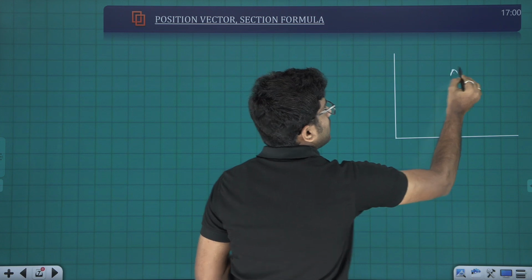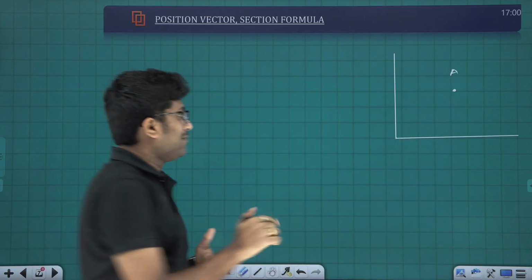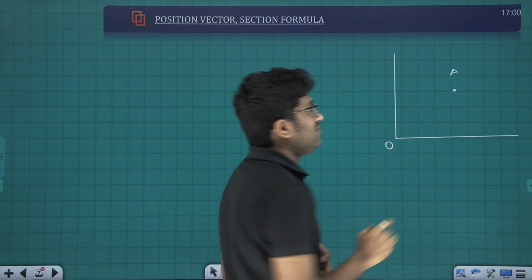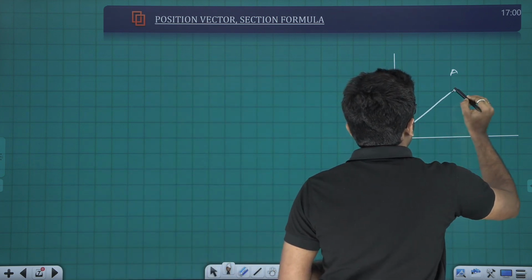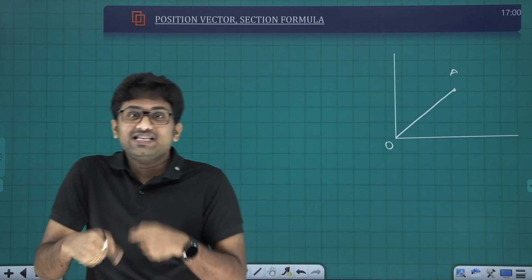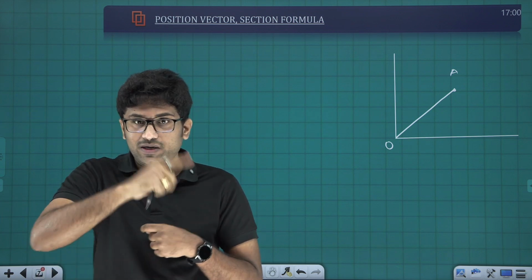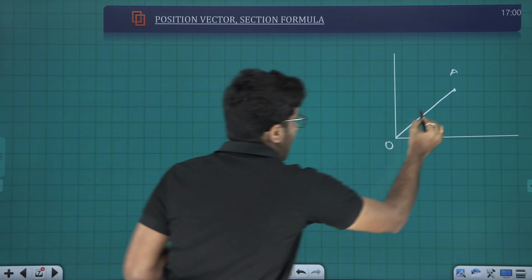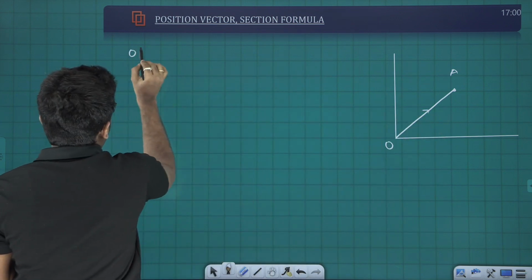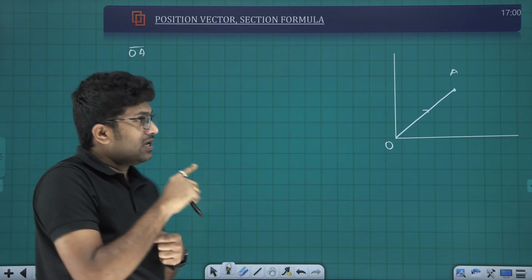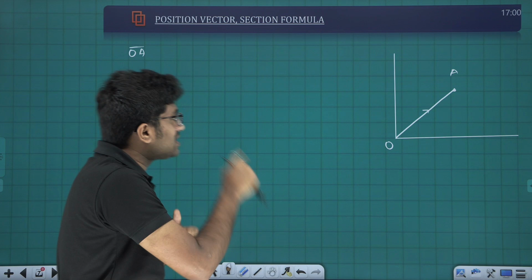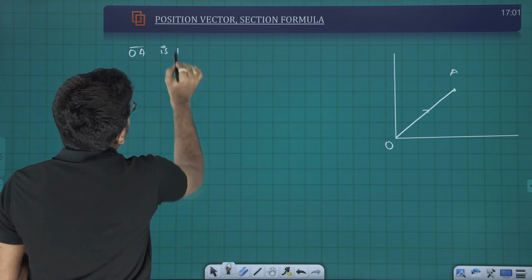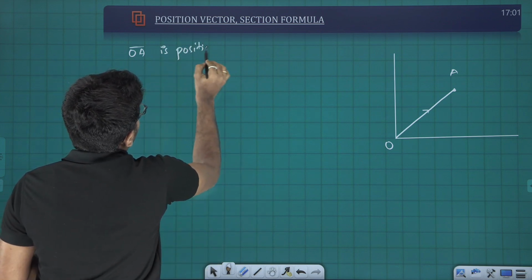Let capital A be any point, then the position vector of point A is, if we join this point A to the origin, we get a line segment OA. OA bar is the directed line segment. Now the line segment OA has a specific direction from O to A. So this OA bar is the position vector of point A, friends.